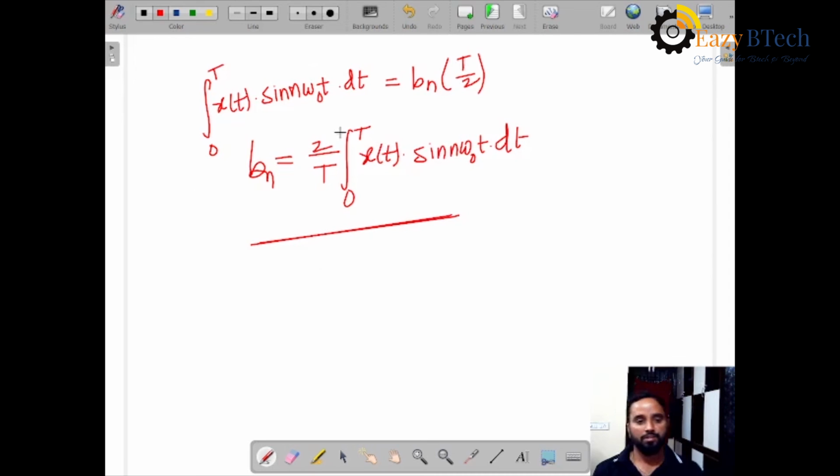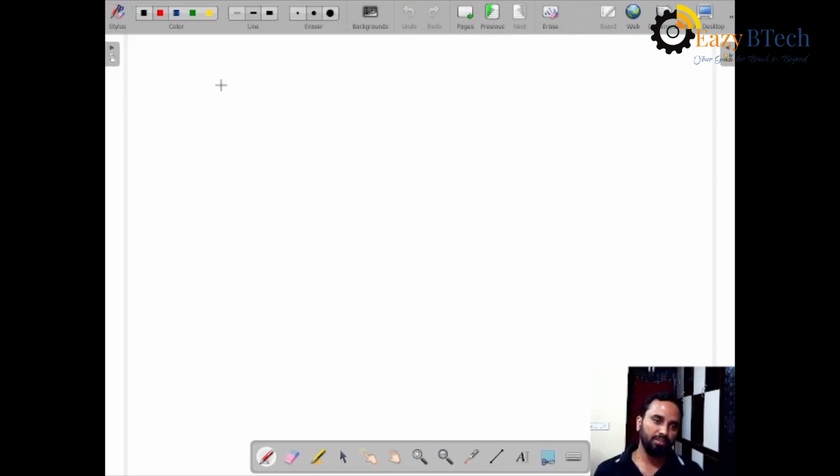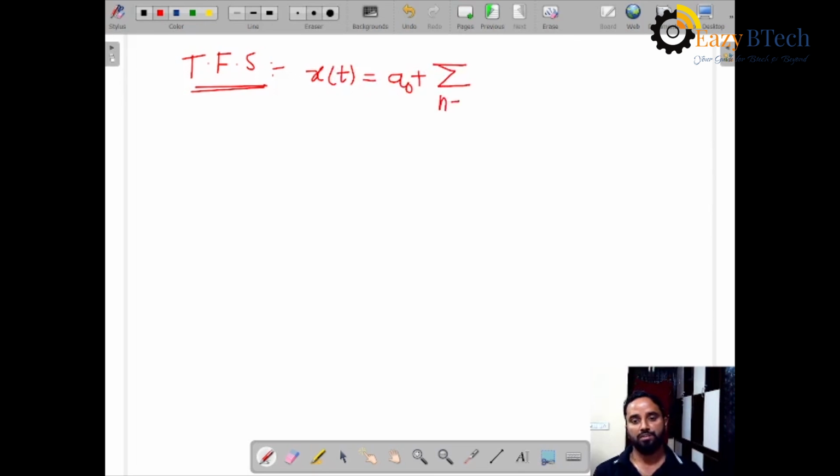Okay, so I am writing the summary of the trigonometric Fourier series. We take a periodic signal x of t with time period capital T, equal to a naught plus summation n equals 1 to infinity of an cos n omega naught t plus bn sine n omega naught t.